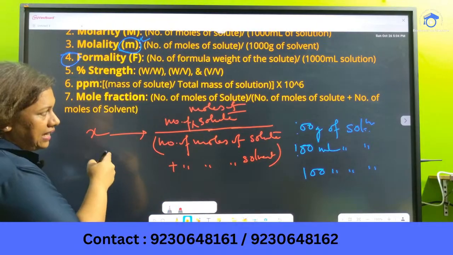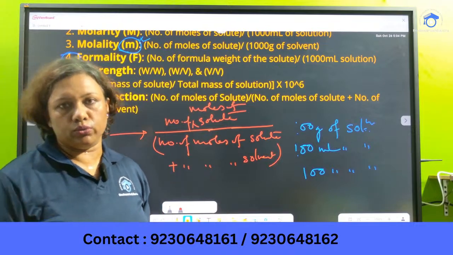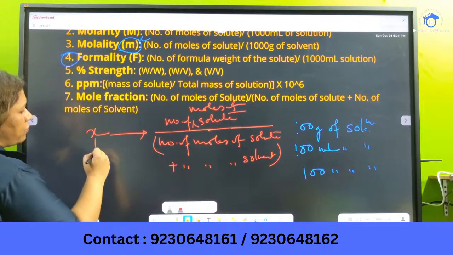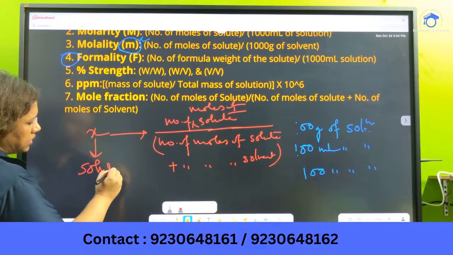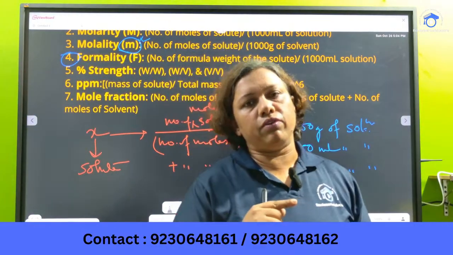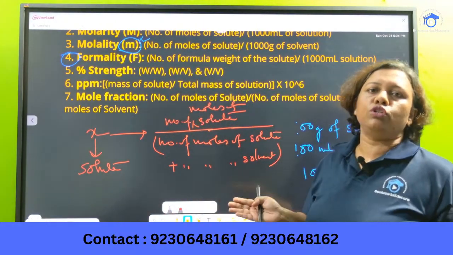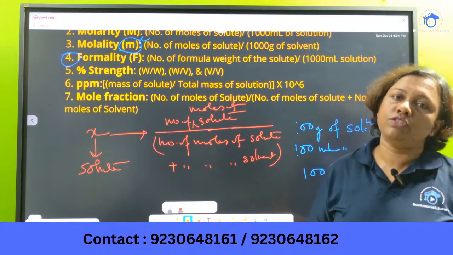That is mole fraction of solute. Similarly, for solvent, in the numerator there will be number of moles of solvent divided by number of moles of solute plus number of moles of solvent.